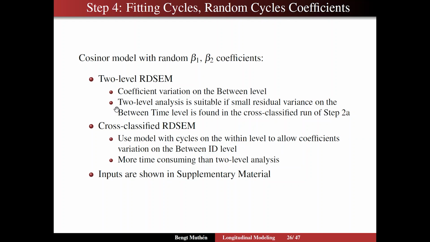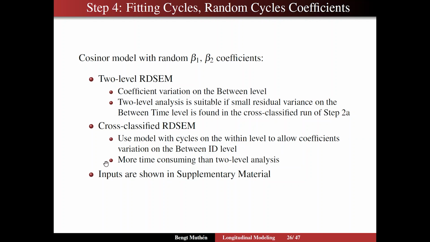Now, this two-level analysis is suitable if you have a small residual variance on the between time level derived from the step 2a analysis. And that may be a reasonable approximation in this case. However, there is also the cross-classified RDSEM, which we took a look at in the 3b run, where we used a model with cycles on the within level, and which would then allow coefficients variation on the between ID level, just like on the between level in two-level RDSEM.